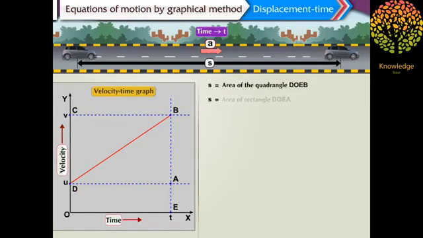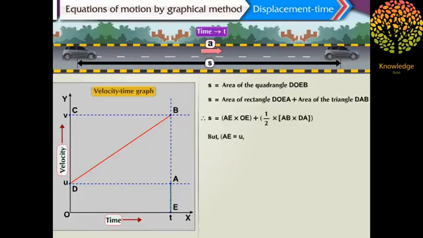s is equal to area of rectangle DOEA plus the area of the triangle DAB. Therefore, s is equal to AE into OE plus 1 upon 2 into AB into DA. But AE is equal to u, OE is equal to t, and OE is equal to DA, which is equal to t.